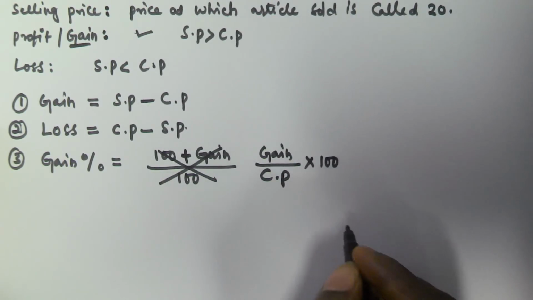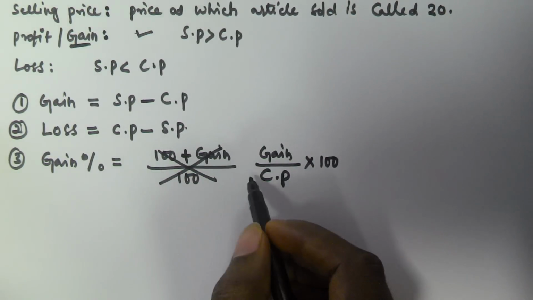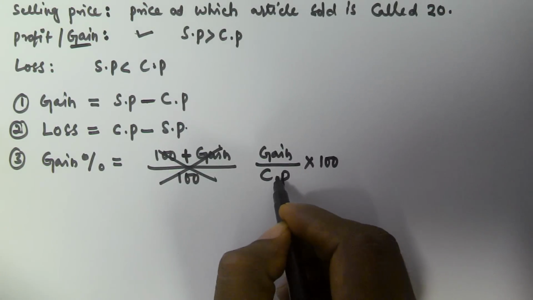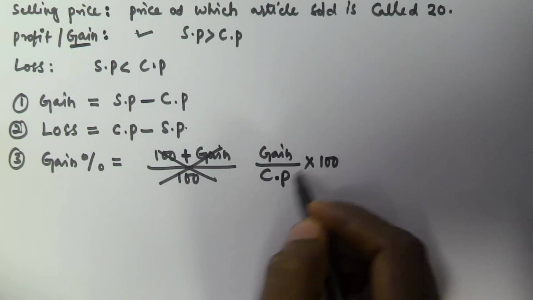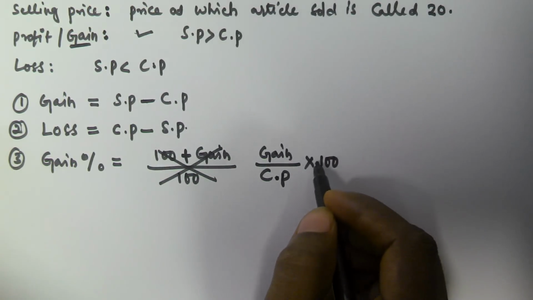This is the gain percentage, because the gain he got is with respect to the cost price. That's why gain percentage is equal to gain by cost price into 100.